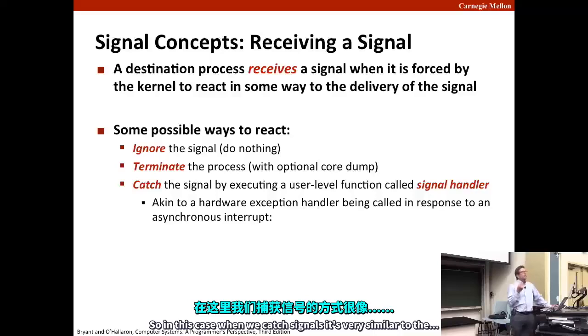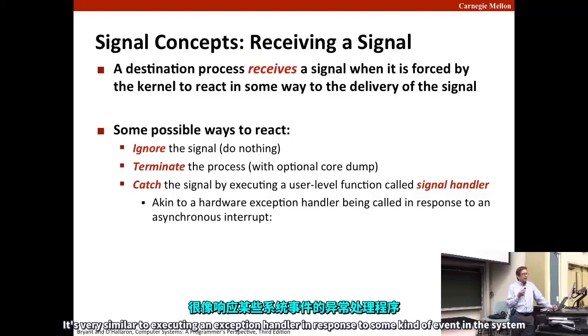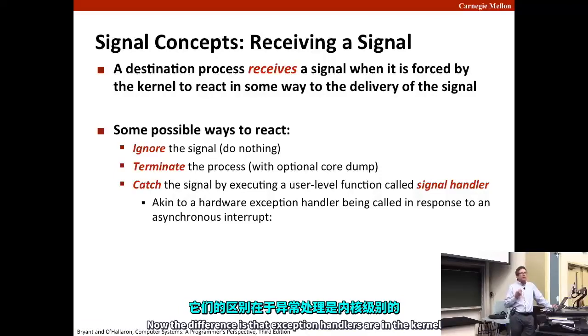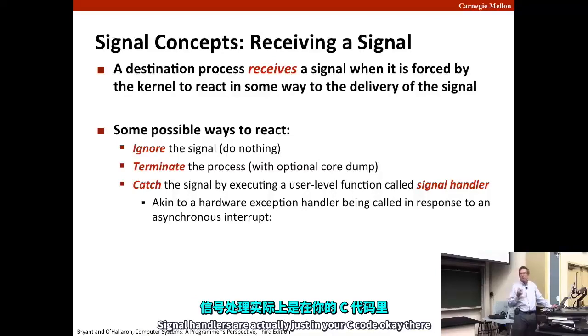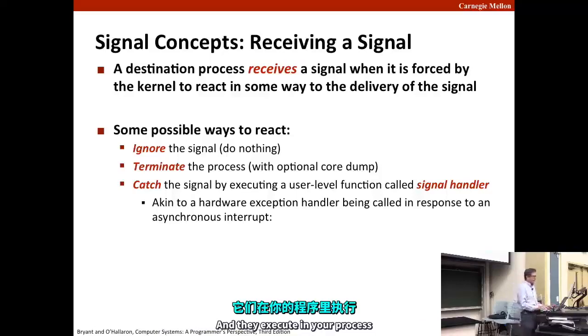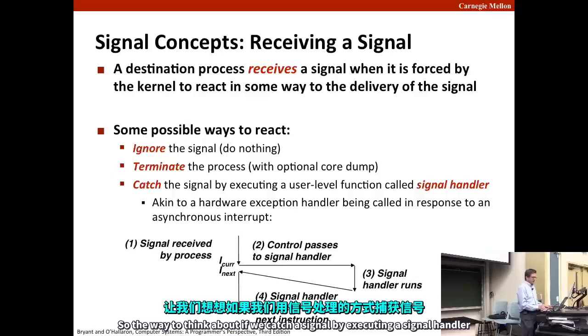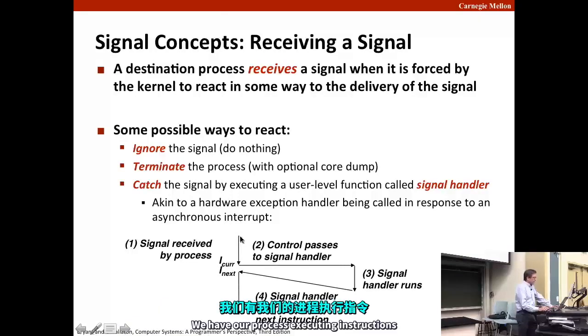When we catch signals, it's very similar to executing an exception handler in response to some kind of event in the system. The difference is that exception handlers are in the kernel, while signal handlers are just in your C code, and they execute in your process. So the way to think about it is, we have our process executing instructions, and then a signal is received by that process.